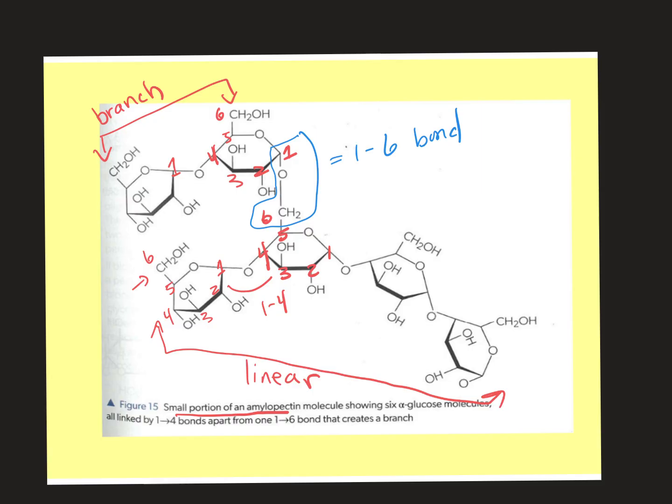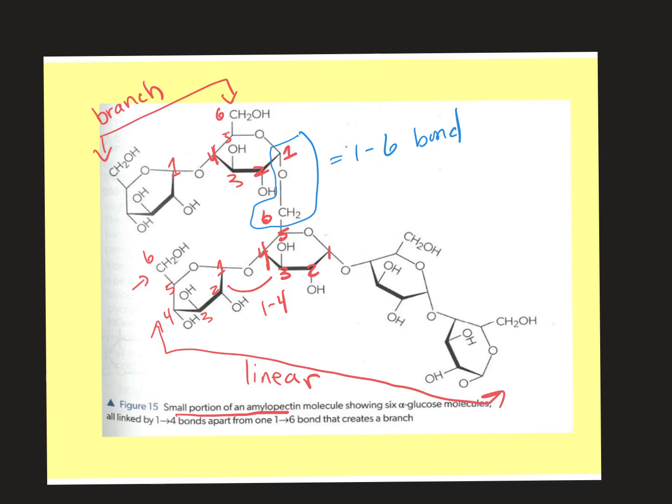All right, so that's the 1,4 versus the 1,6. So all the starch, whether it be amylose, amylopectin, or glycogen, they all use this 1,4 to make the main chain, and then to bond a branch, it's going to be 1,6.